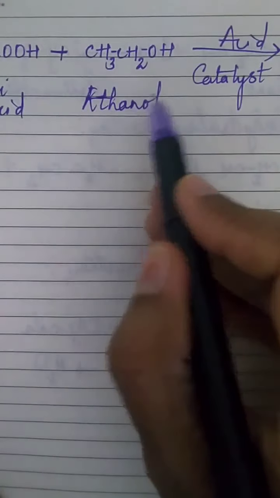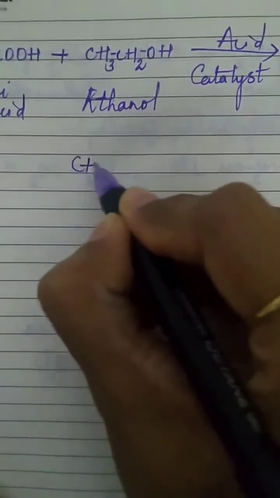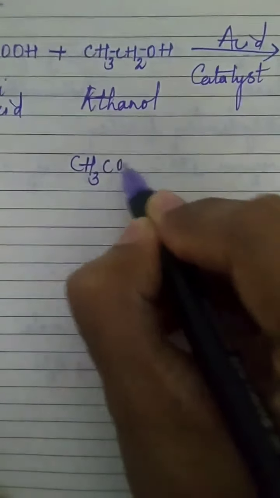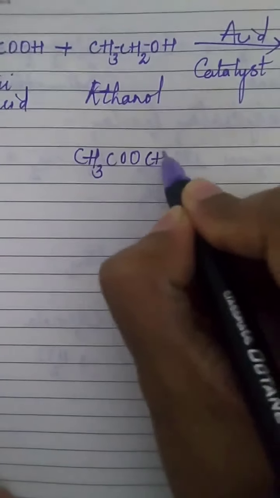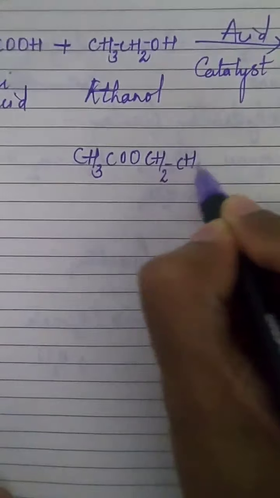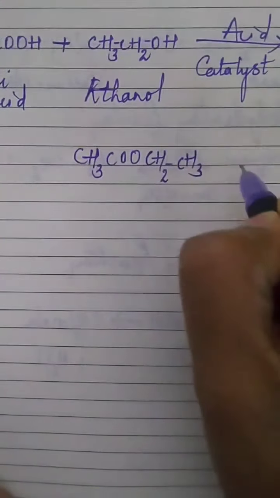Okay, an ester which is CH3COO, from here CH3COO, and from this side we have the remaining part, that is CH3CH2. So this is CH2CH3. CH2CH3 will get attached plus H2O.